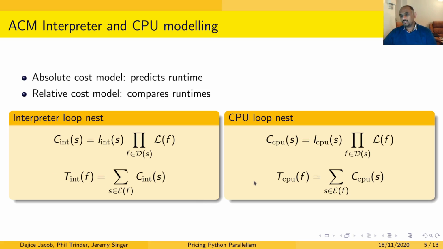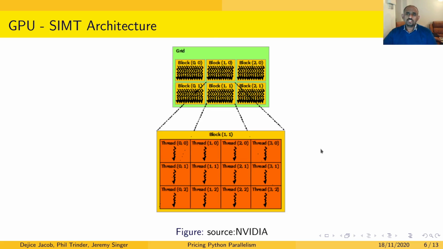A similar equation can be made for the CPU. It JIT compiles CPU code with an abstract cost I CPU for each statement instance. Things are a bit more complicated now for the GPU because of the SIMT architecture of the GPU.